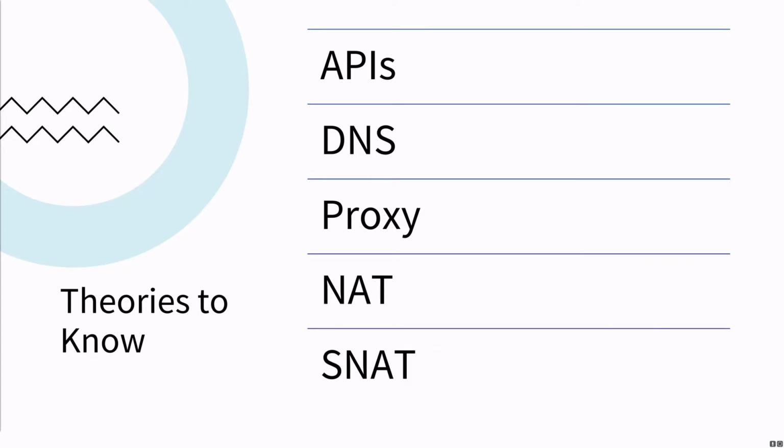You should have learned about some of these other ones in some of your previous classes, such as DNS, proxy, NAT, and SNAT, but I will go over some of these very briefly. These are showing up because they are not going anywhere, and it is important that you commit these to memory. That is the reason they keep coming up, because they are used so often, and it is important to know the details of some of these technologies.